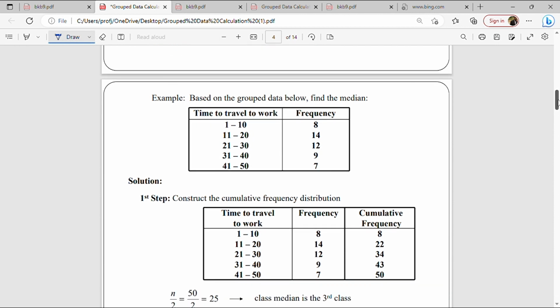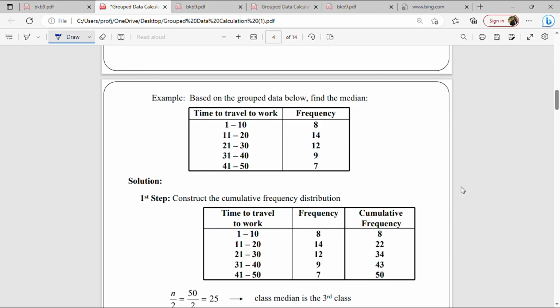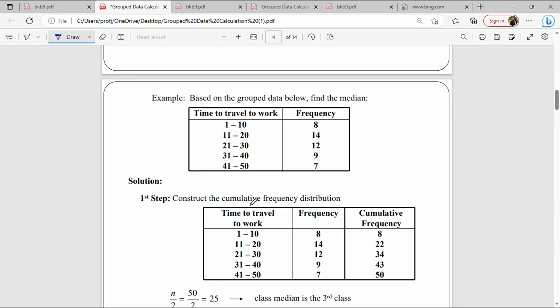Now, look at it. First step is to construct the cumulative frequency. I've been able to get a material that will help you understand this to the deepest part. So what we do is we write the first value, then the next one that we are going to get here will be added to 14.